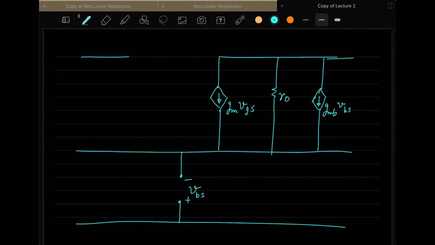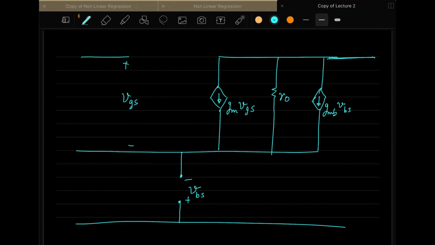So can anybody tell me what we are missing here? Is this model complete, or are we missing something, in terms of the elements? Anyone?